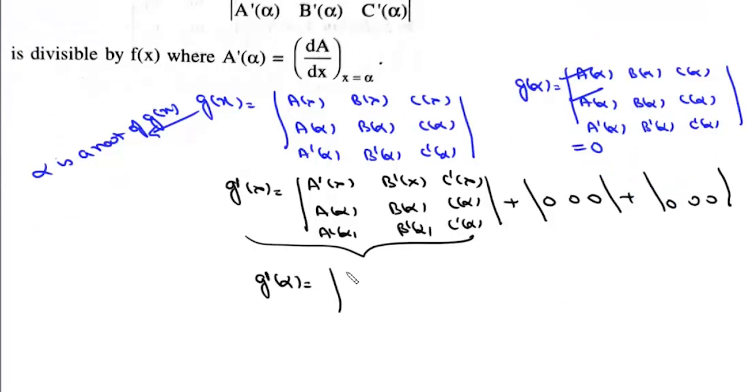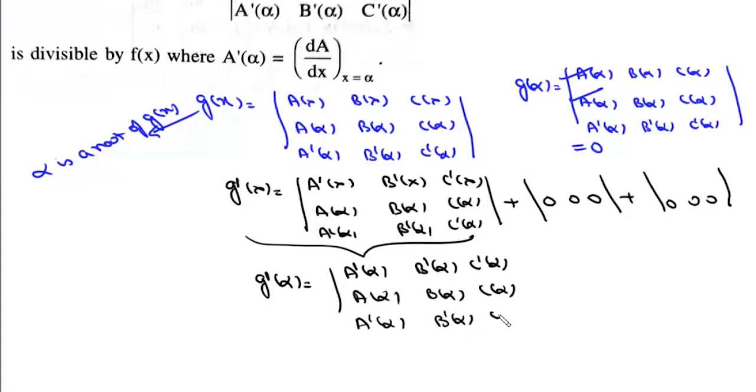g dash alpha will be a dash alpha, b dash alpha, c dash alpha, and this is a alpha, b alpha, c alpha, and this is a dash alpha, b dash alpha and c dash alpha. Again we have 2 identical rows. That means g dash alpha is also 0.